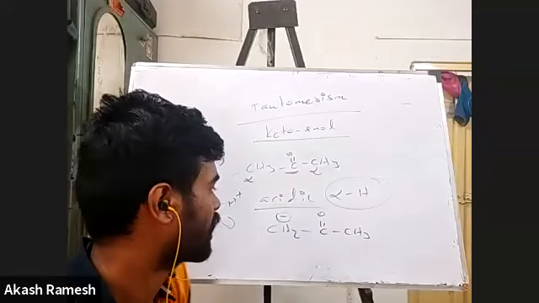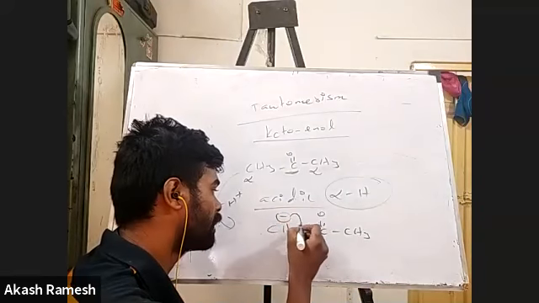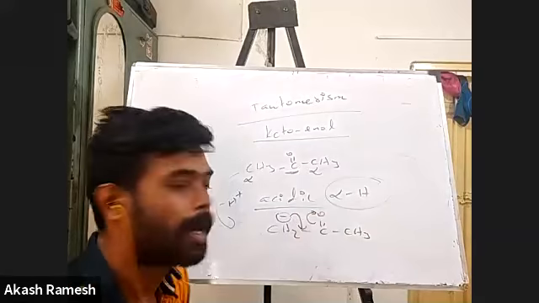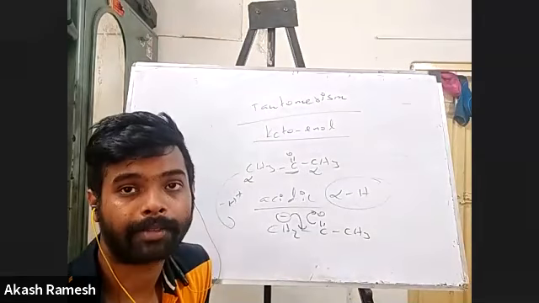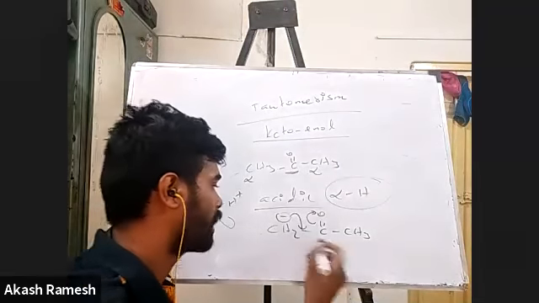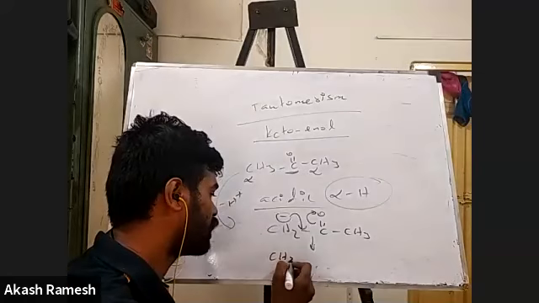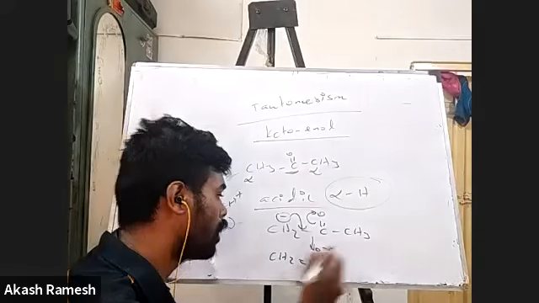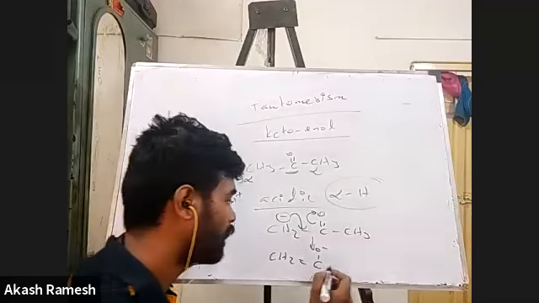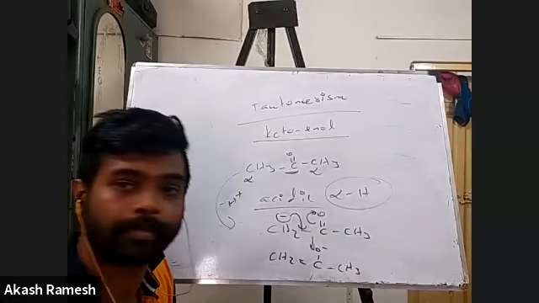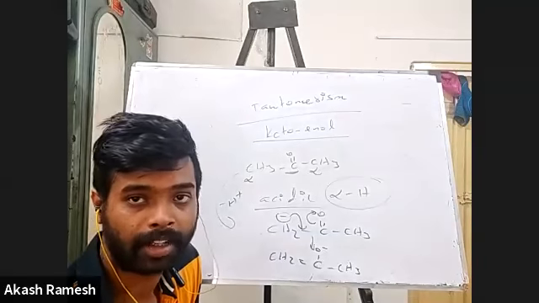Resonance, sir. Good. So I can easily see that this negative charge can come here and the carbon oxygen bond can break. So now how will I write the structure for this? I have CH2 double bond CO minus, and CH3. No issues, right?